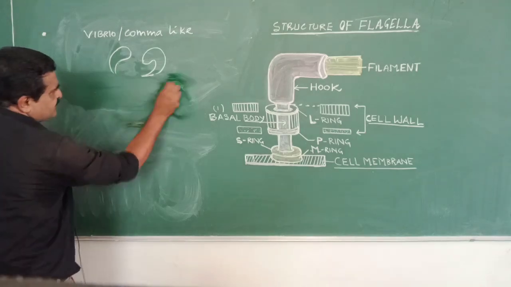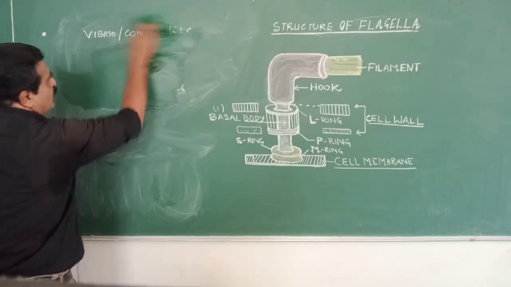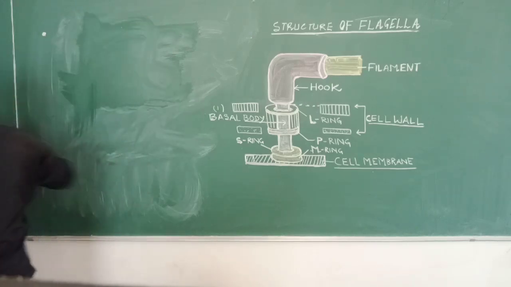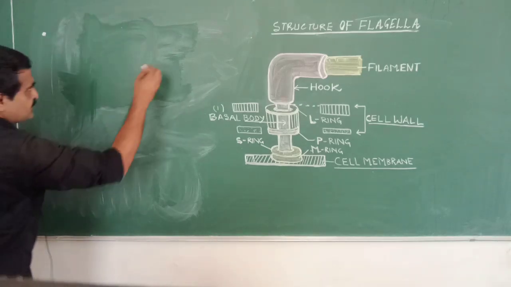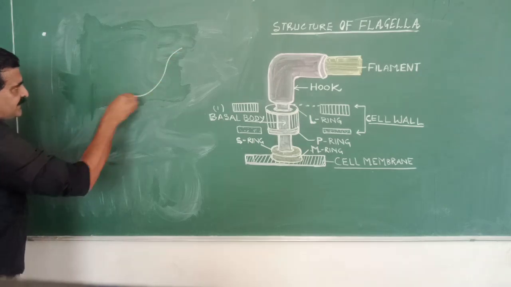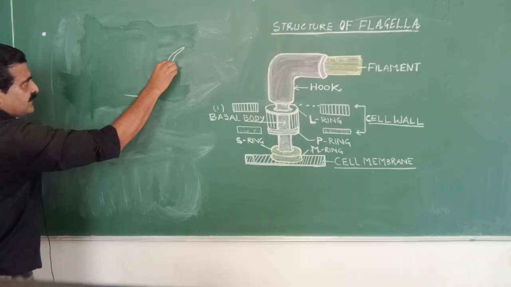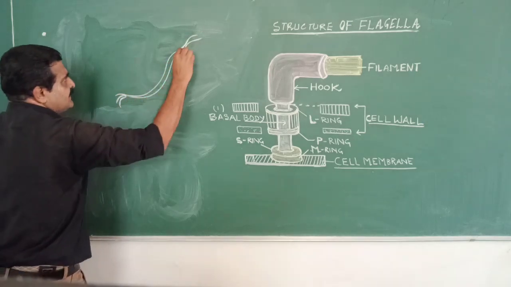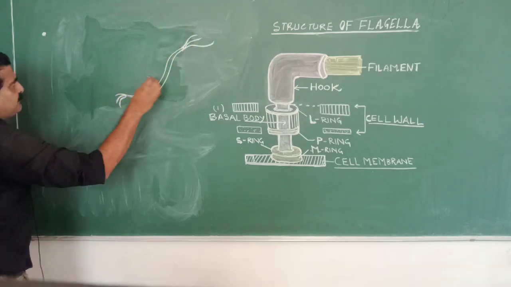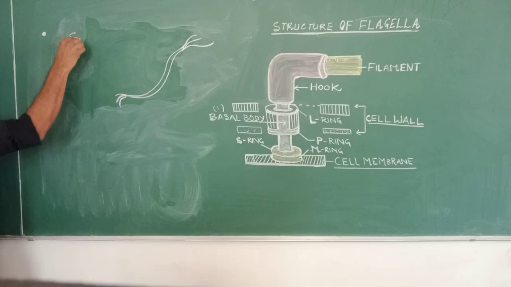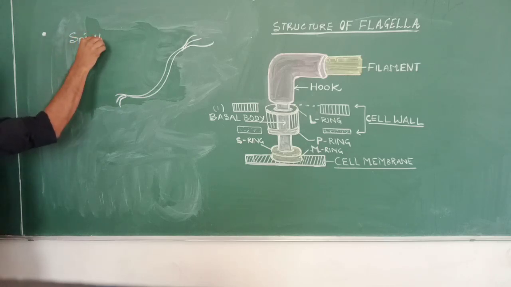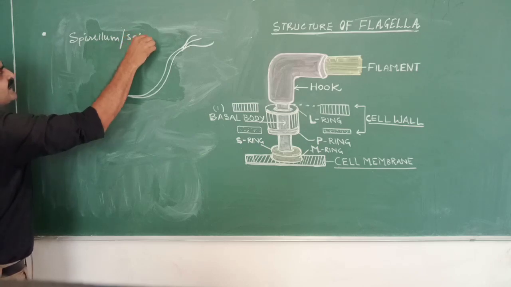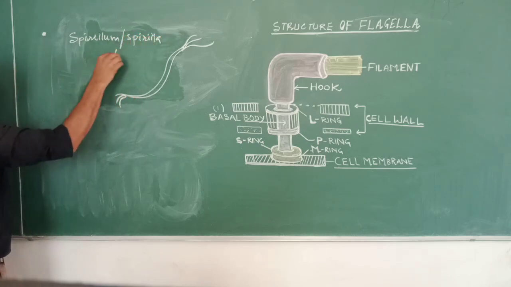Now the fourth shape is called spirillum shape, or you can say spiral shape. First I would like to draw the spiral shape. This is your spiral shape. Clear? Now these are spiral bacteria, and these are known as spirillum or spirilla form.